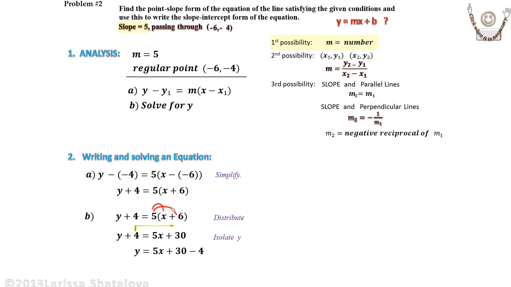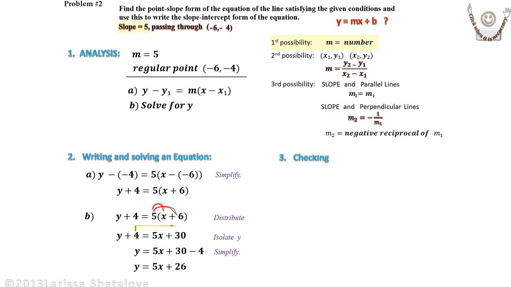And we will have y equals 5x, +30 and -4. 30 and -4 are like terms. We can simplify into +26. Now we have slope-intercept form, because 5 is slope and 26 is y-intercept.